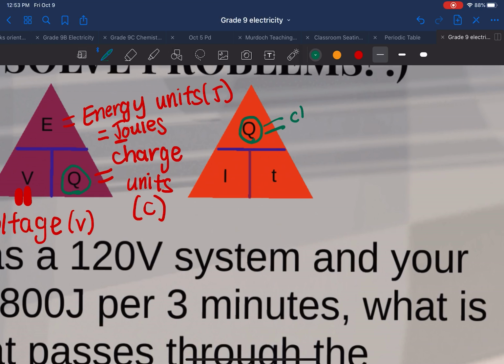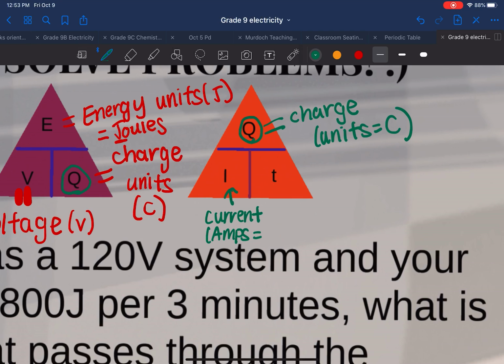So Q again equals charge. It doesn't change, and its units are coulombs. The I here is current, and it's measured in amps. The unit that you usually put at the end of this number is a big letter A.